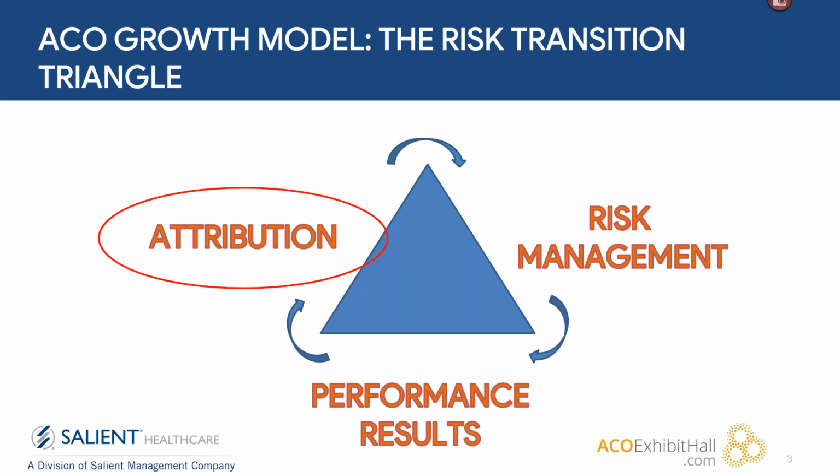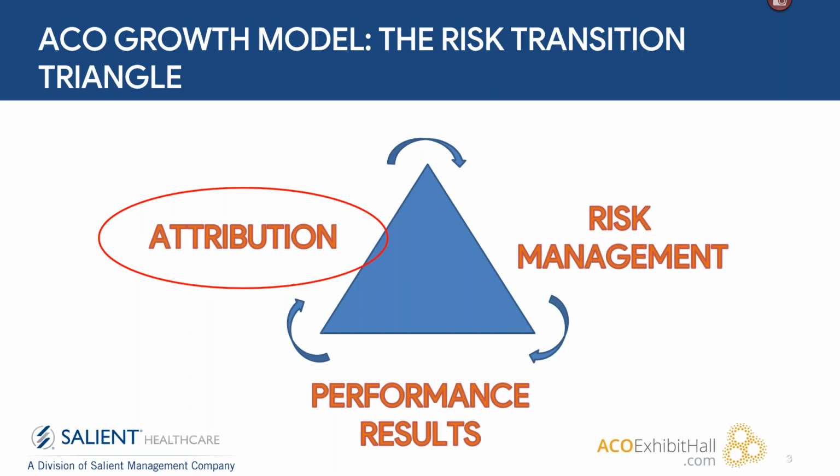An ACO has to focus on keeping beneficiaries continuously assigned. Your churn rate is what dictates the volatility of those assigned beneficiaries. A low churn rate enables ACOs to have a lower variability, and then lower variability allows for more accurate prediction of performance.